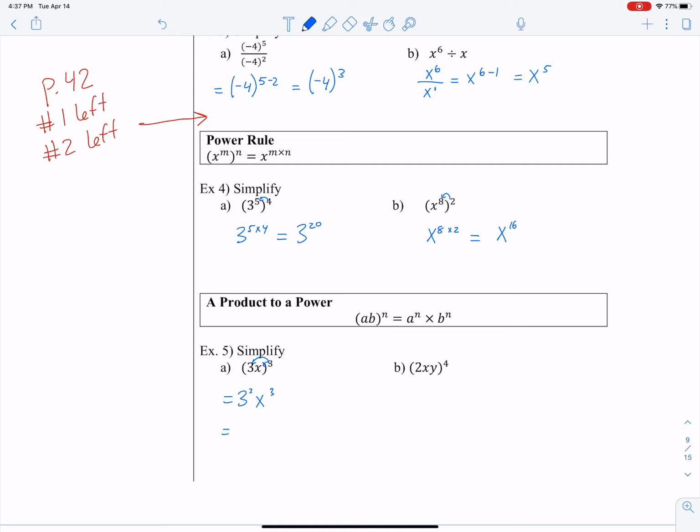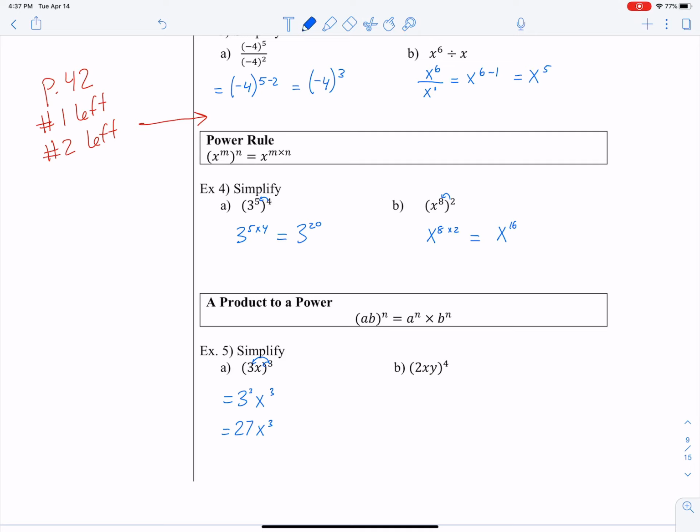And then when we have a mix like this of a number and a letter, we like to simplify the number. So you put 3 to the 3 in your calculator, and you get 27 x to the 3. So for the next example, we have 3 different bases. We have 2, x, and y.